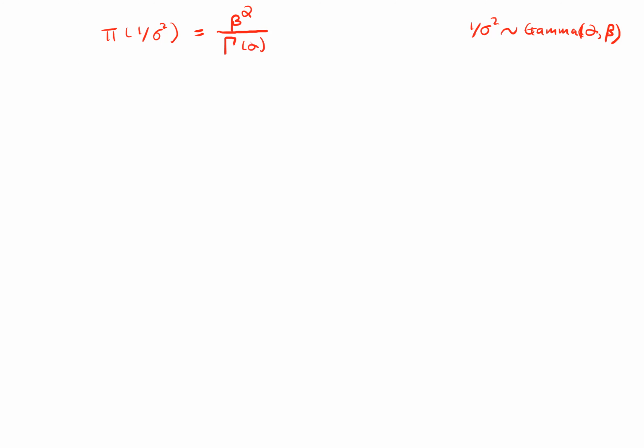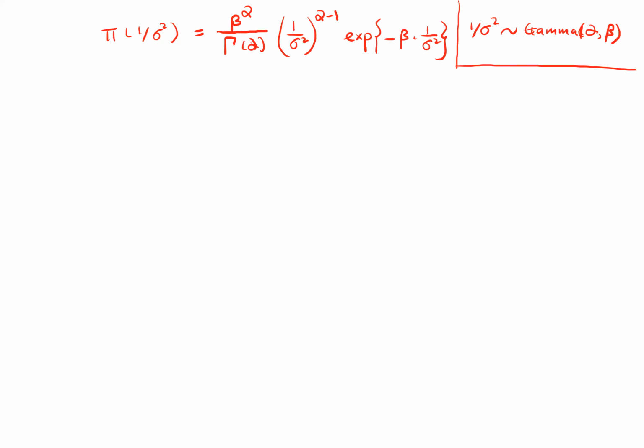Don't worry about it, that's a constant. I just want to write the entire form for you. And then 1 over sigma squared to the power of alpha minus 1, and then e to the negative beta times 1 over sigma squared. So that's the gamma density.